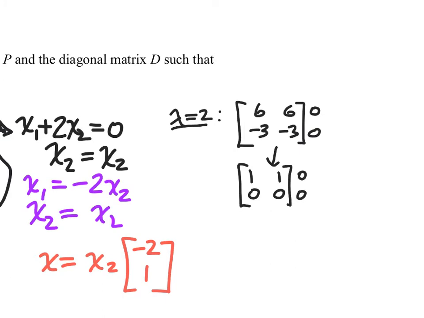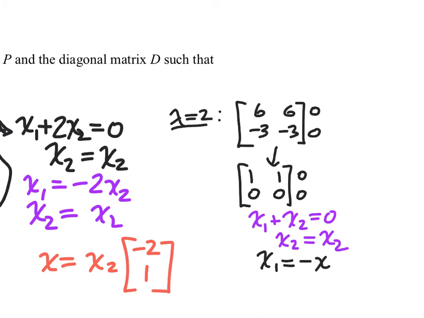All right, so x1 plus x2 equals 0, with x2 equal to x2. So x1 is equal to negative x2, with x2 equal to x2.